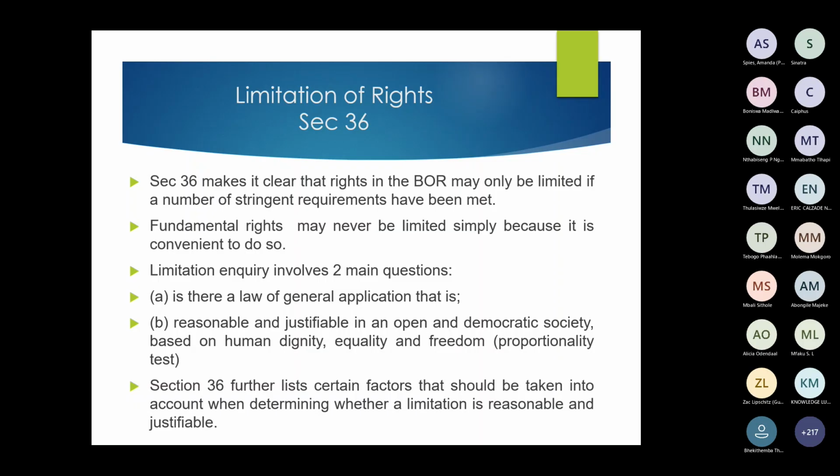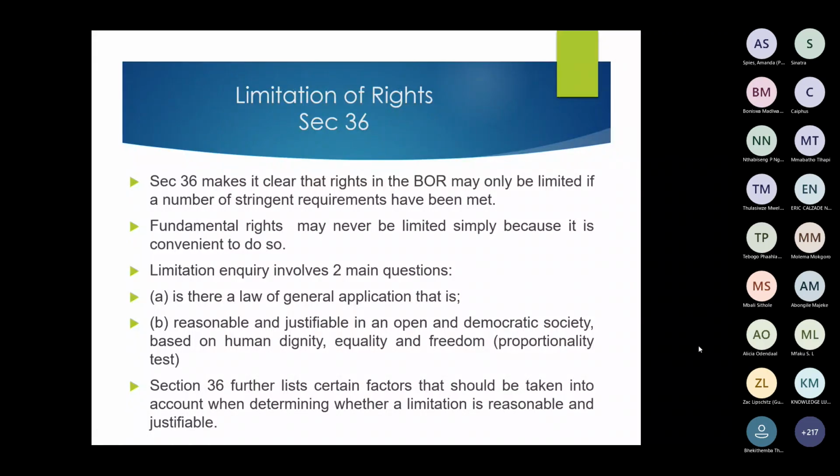We know that rights are not absolute, that rights can be limited, and you'll also see that this is prominent in your guide, is the application of the limitation of rights, which is Section 36 of the Constitution. So the limitation inquiry involves two main questions. First, is there a law of general application?